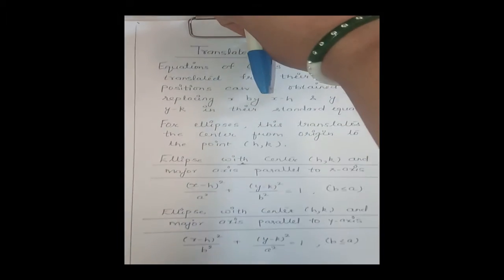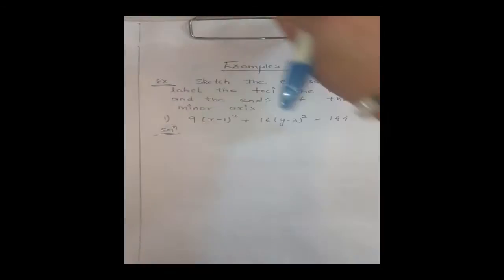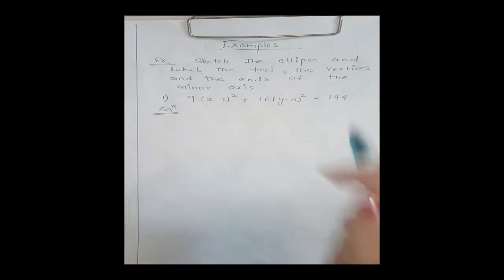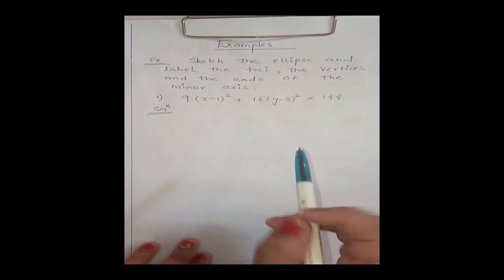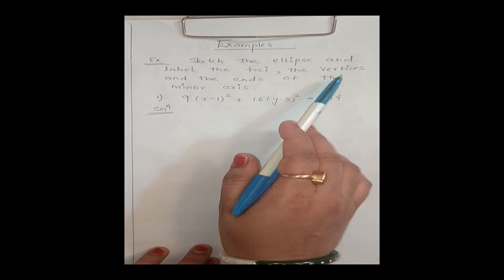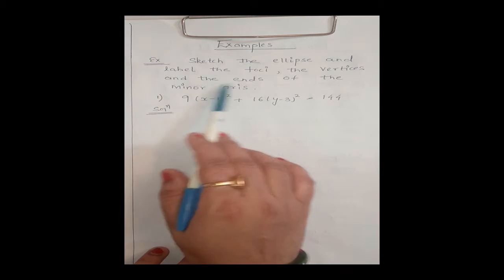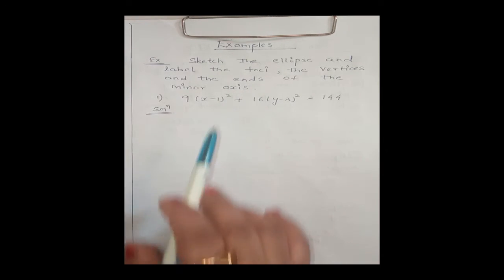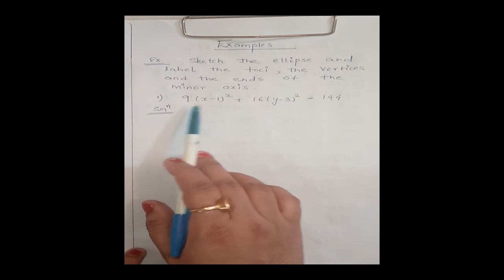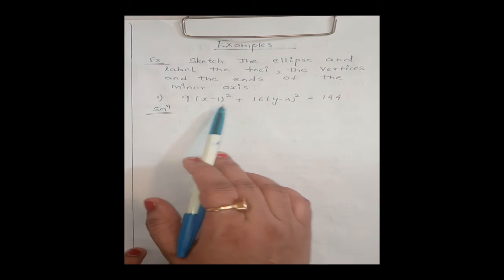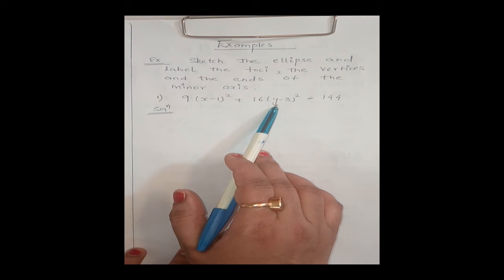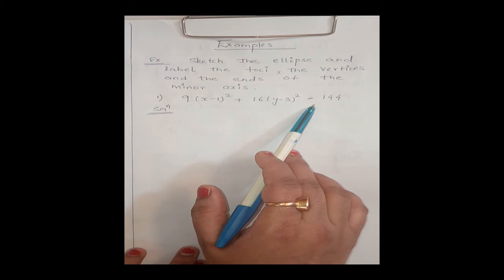Now, come to the examples. First is sketch the ellipse and label the foci, the vertices and the ends of the minor axis. First equation given to us is 9 into (x minus 1) whole square plus 16 into (y minus 3) whole square is equal to 144.